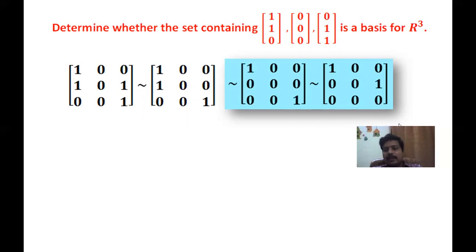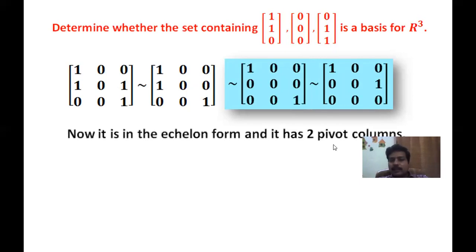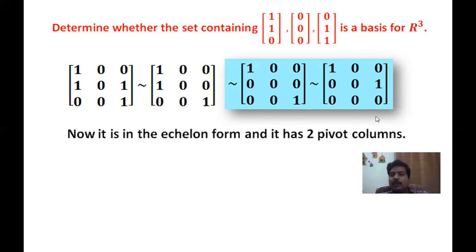So now in this matrix, which is equivalent to the given matrix formed by the given vectors, there are only two pivots, this one and this one. So this matrix is in echelon form and has two pivot columns. Only columns 1 and 3 are the pivot columns.